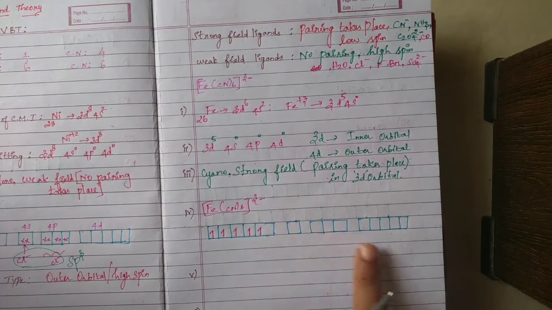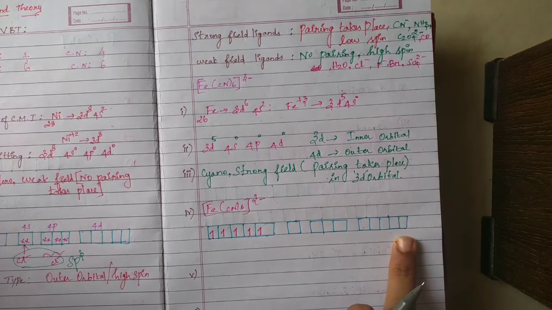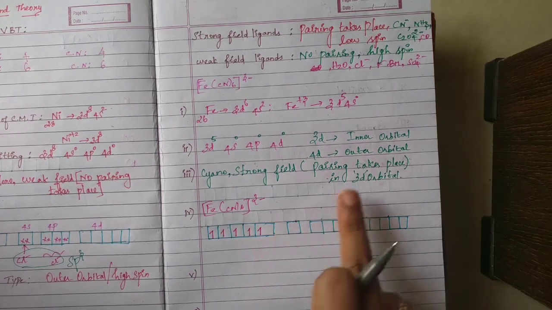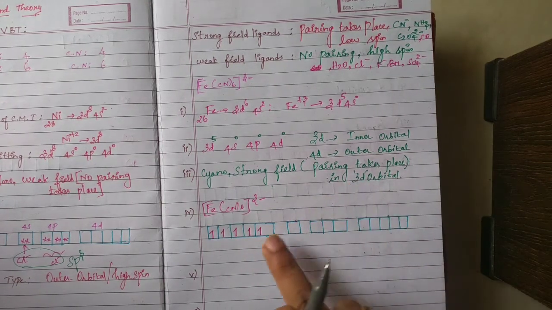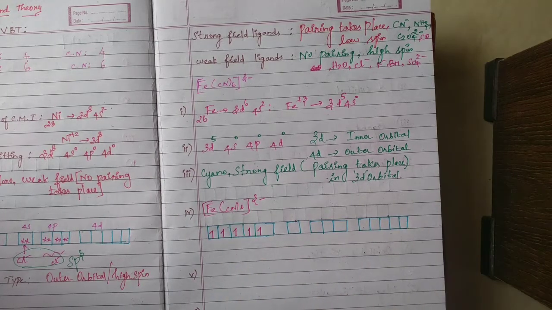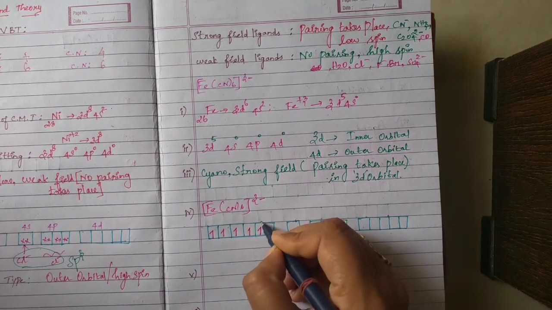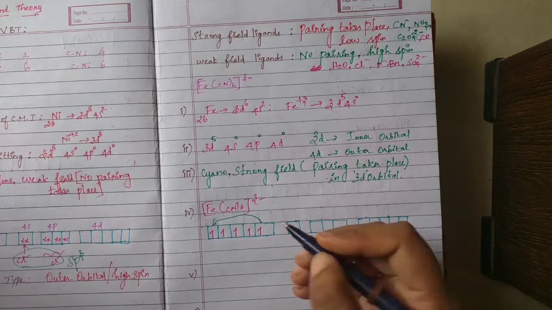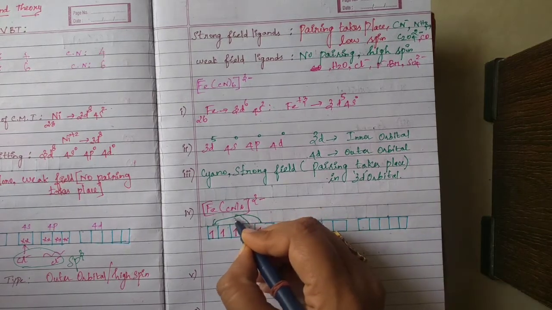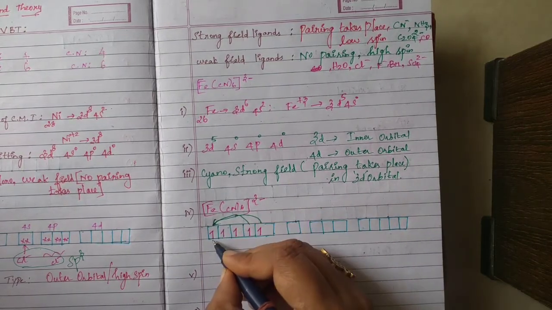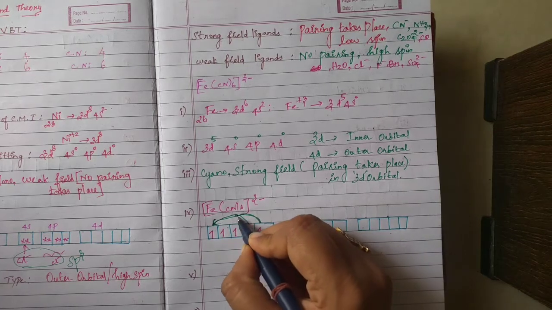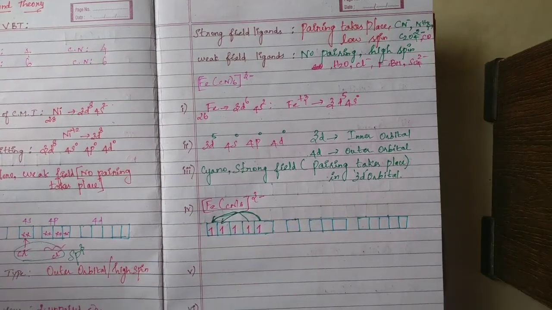So now the remaining orbitals, ligands can approach, but it is a strong ligand, right students? So here it pairs the electrons. See here. Now this electron pairs here. So this electron is paired with the first orbital and this electron is paired with this orbital.